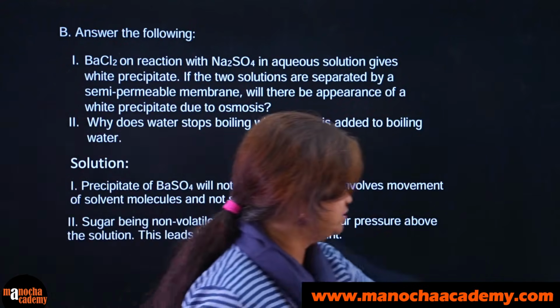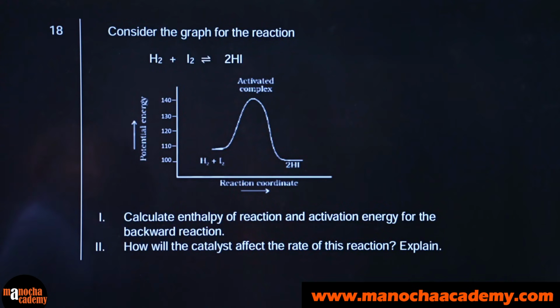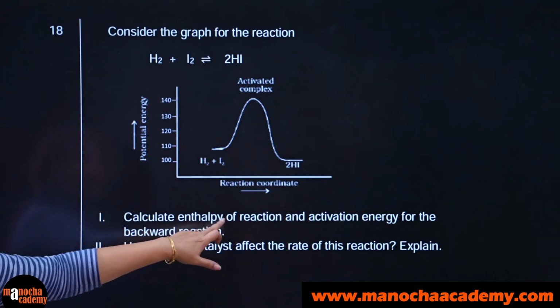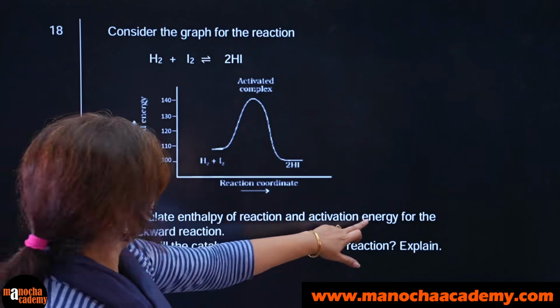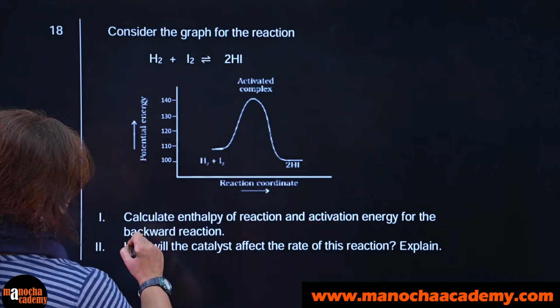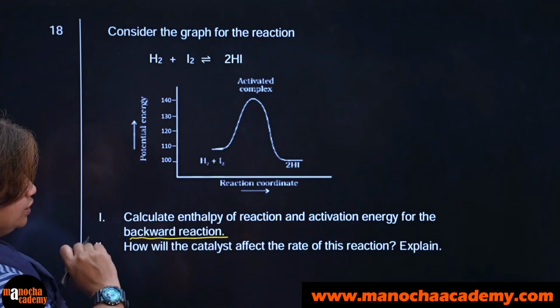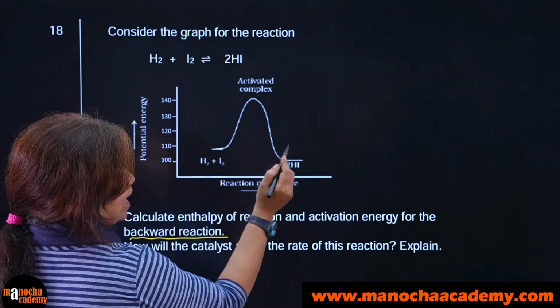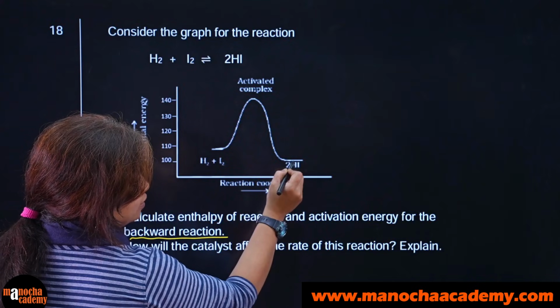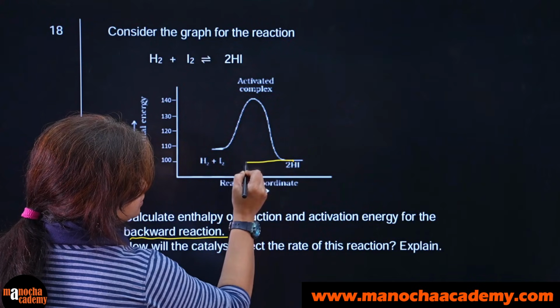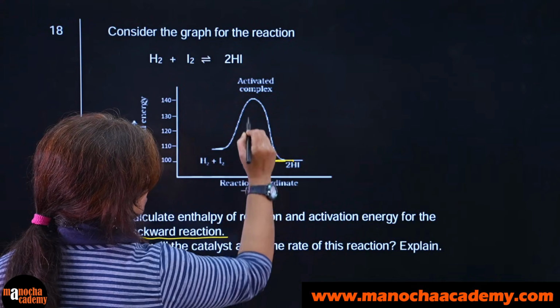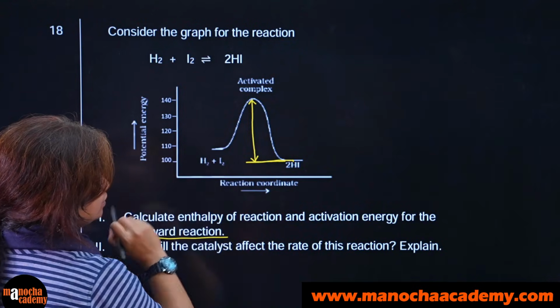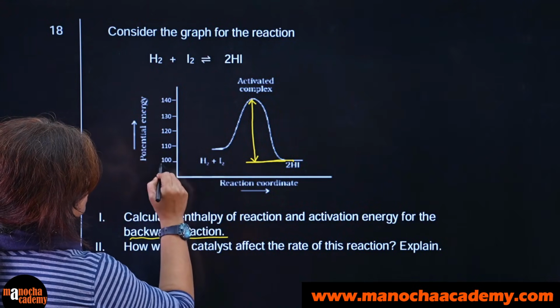Question number 17 done. Consider the graph. Now, they have asked to calculate the enthalpy of the reaction and the activation energy for the backward reaction. Enthalpy means the height. Since it's backward, I am going to consider from here. My line is not straight. The top here is 140 and the other level is 100.